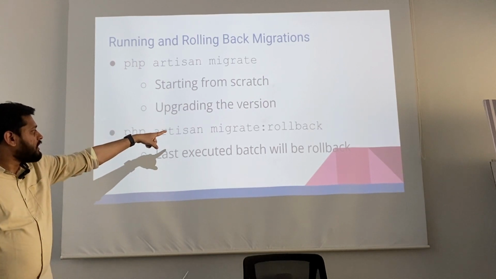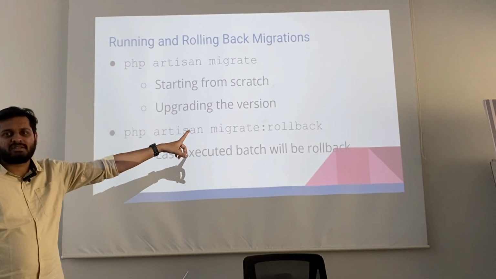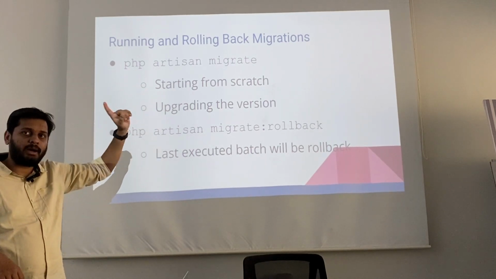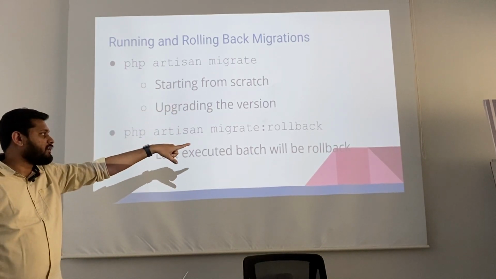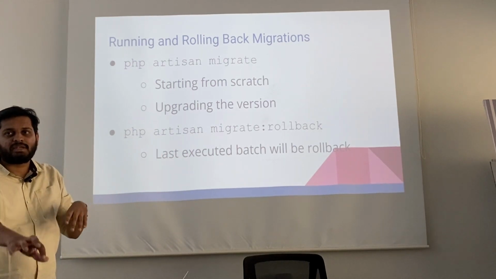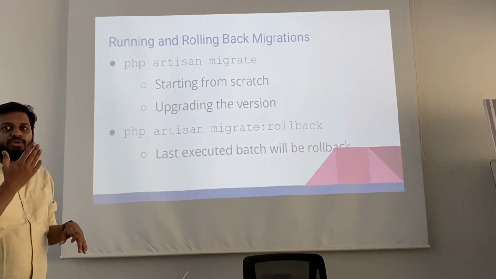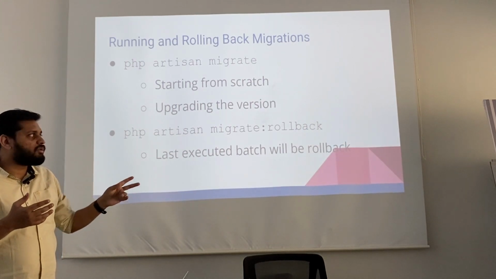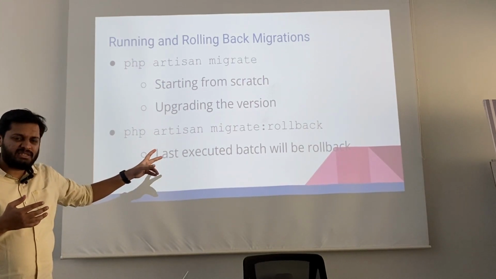Next is migrate rollback. This is the one where the down method is triggered. In migrate, the up method of the migration file is triggered. Here the down method is triggered. So it is helpful when we want to roll back. One thing to note over here is that everything is in batches.